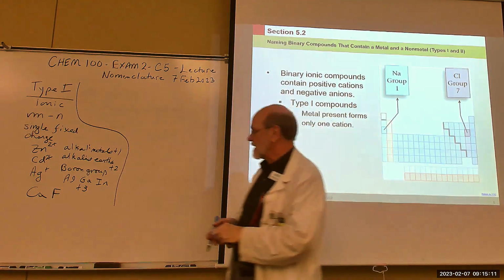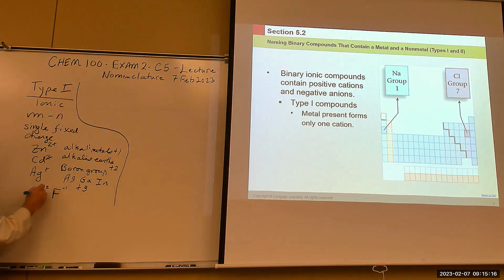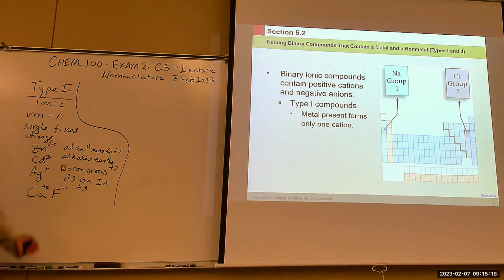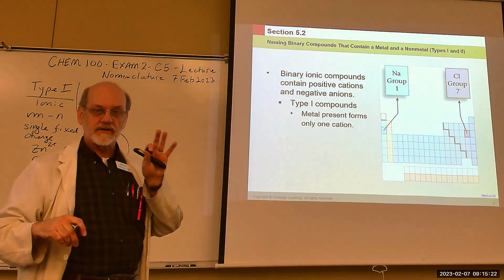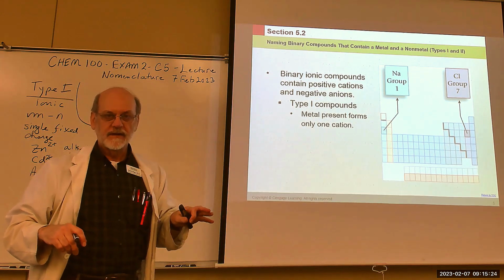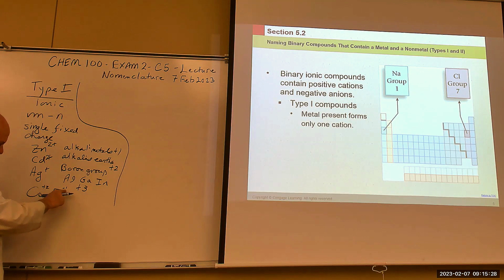So that means this fluorine will be a -1 charge, and this will be a +2 charge. And the rule here is that the charges must balance. Compounds are neutral. So if we've got a -1 here and +2 there, we need 2 of these to balance that charge.